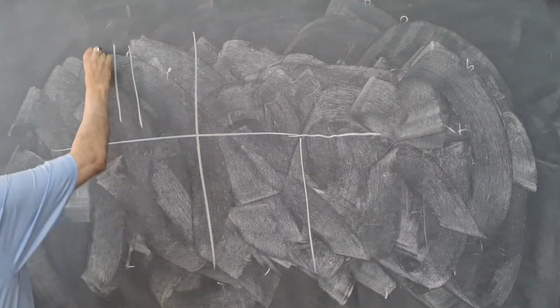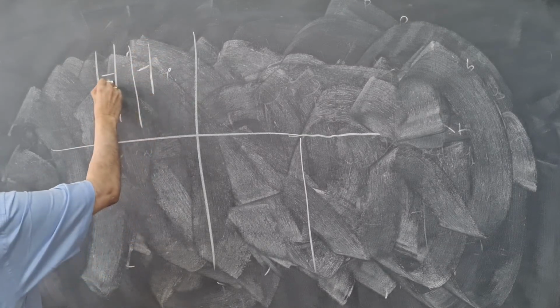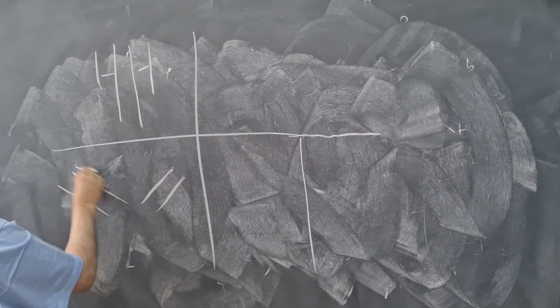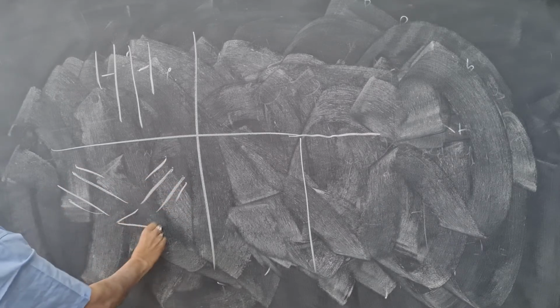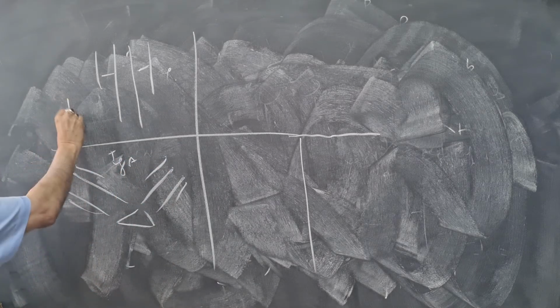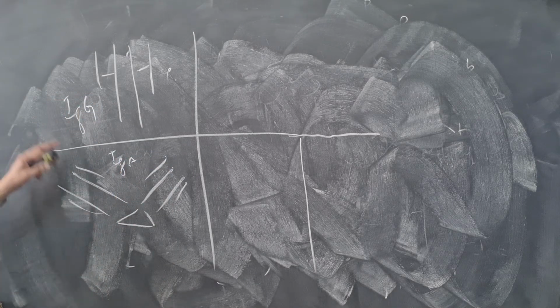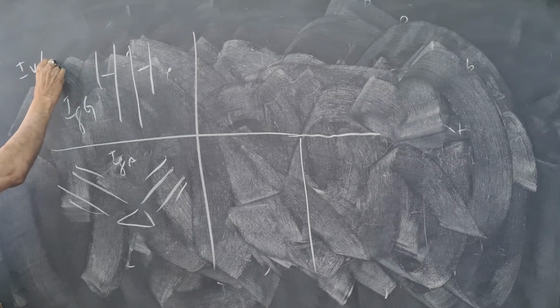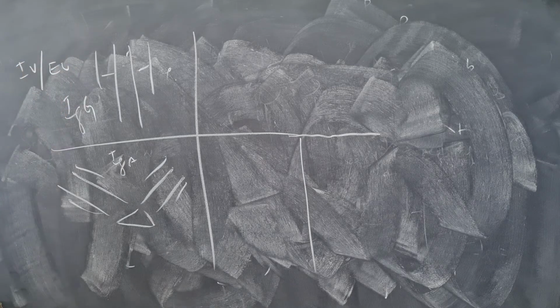This is IgG, this is IgA. This is present both intravascularly and extravascularly. It is the most abundant antibody present in the human being.